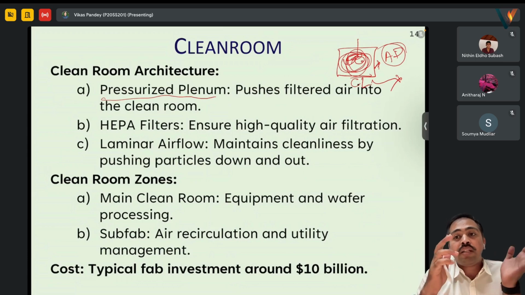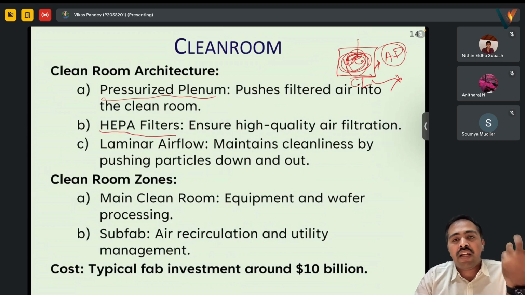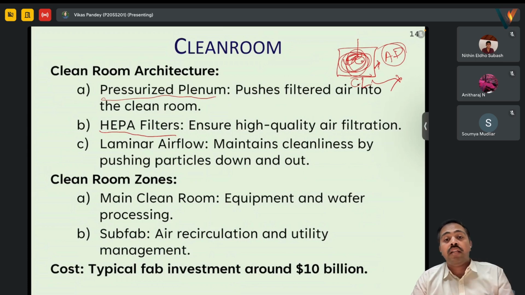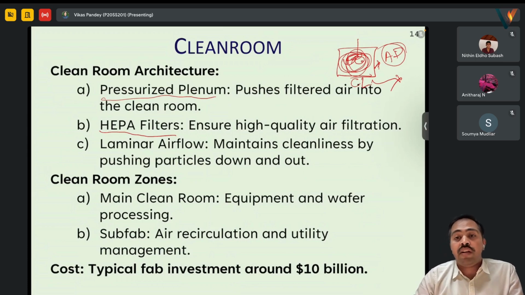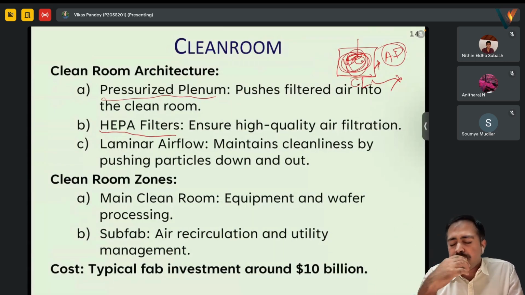So this is the first thing that is done. Second is HEPA filters. These are very high efficiency filters, and sometimes HEGA filters are also used. They are even better than HEPA filters and ensure high quality air filtration. The normal air filters we use at home, like in ACs, are not used.